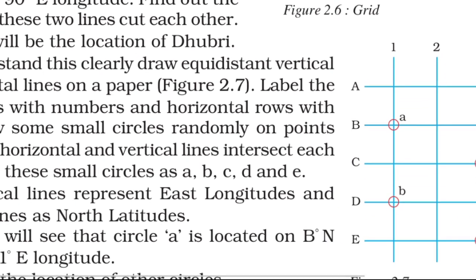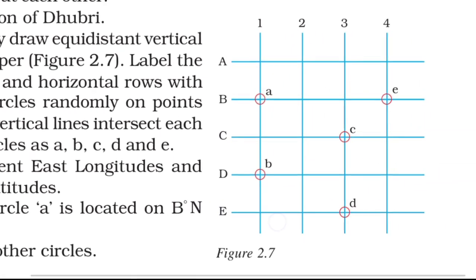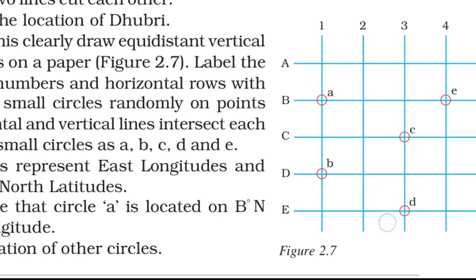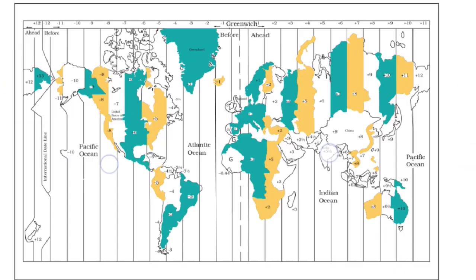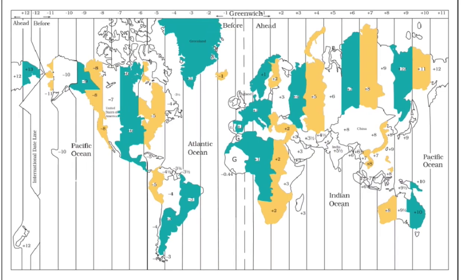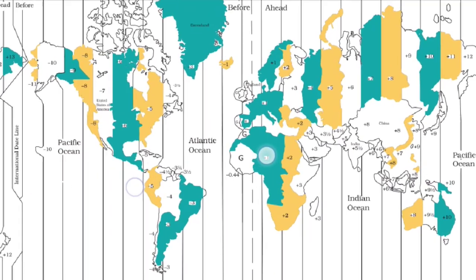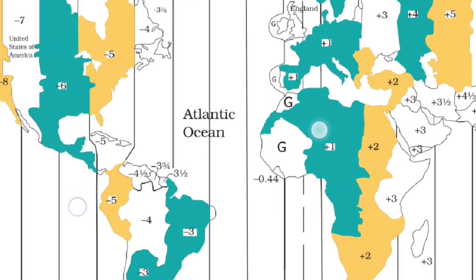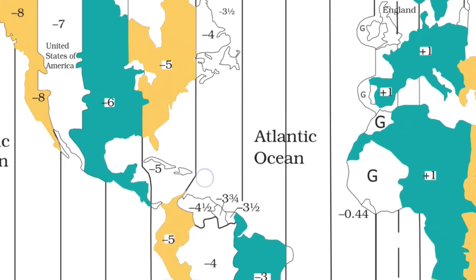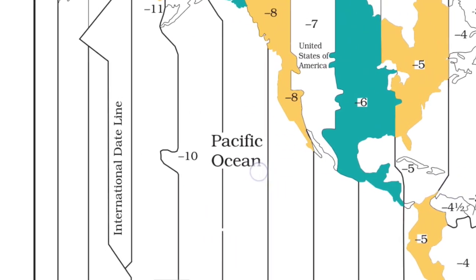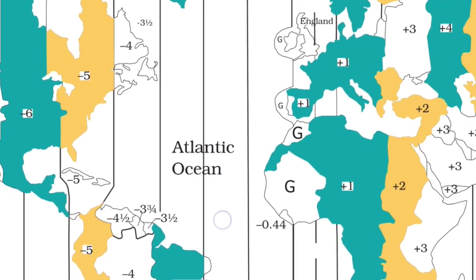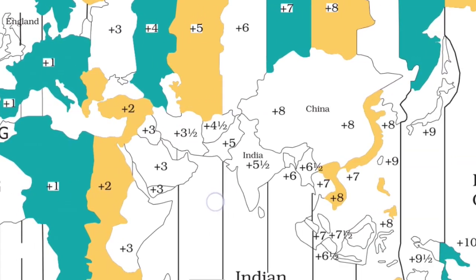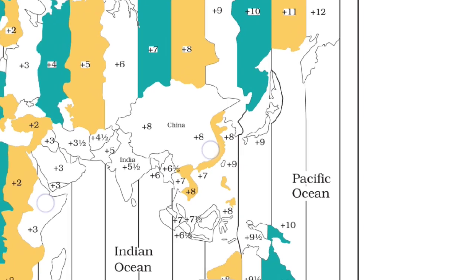Name these small circles as A, B, C, D and E. In your textbook, page number 14, there is a world map showing the time zones of the world. With the help of this map, we can see the Greenwich meridian and the international dateline.